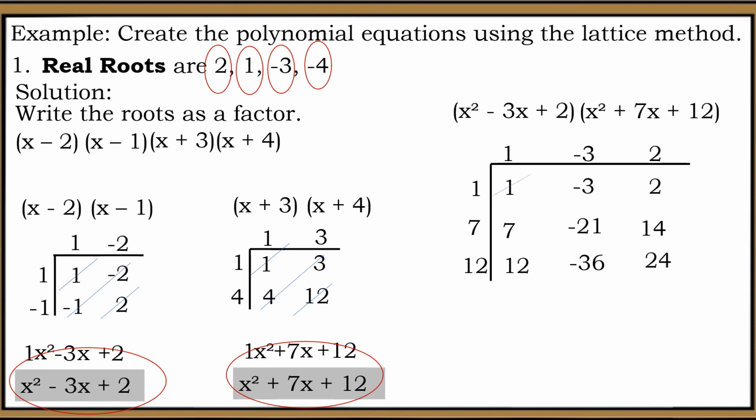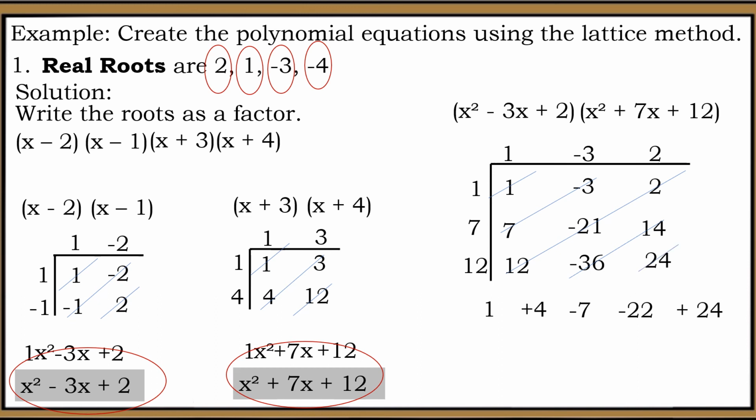Add diagonally, so 1. Ayan. Combine 7 and -3, we got +4. Then, combine 12 minus 21 plus 2, the answer is -7. Combine -36 and 14, we have -22 and +24. +24 is the constant term. -22 is the numerical coefficient of x.